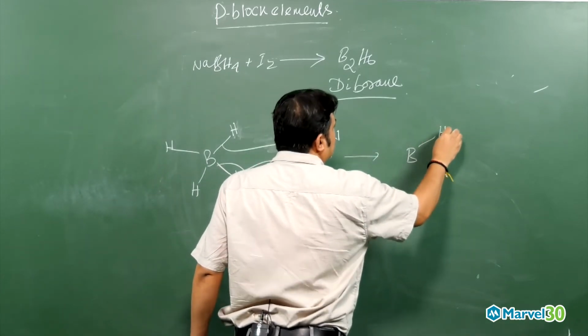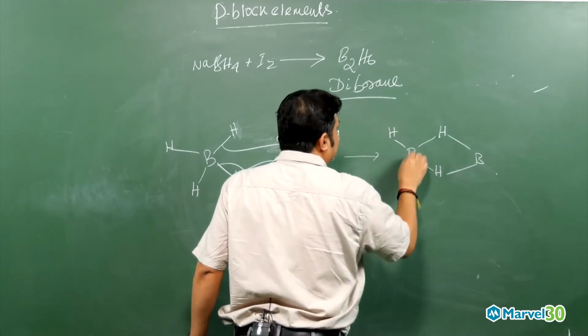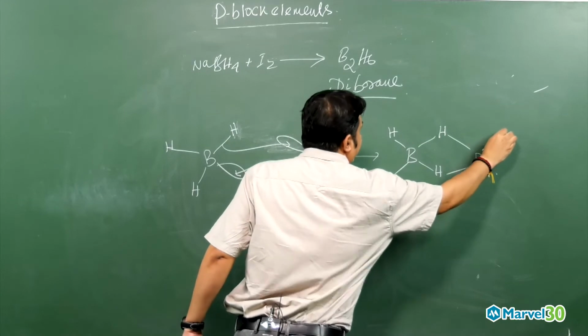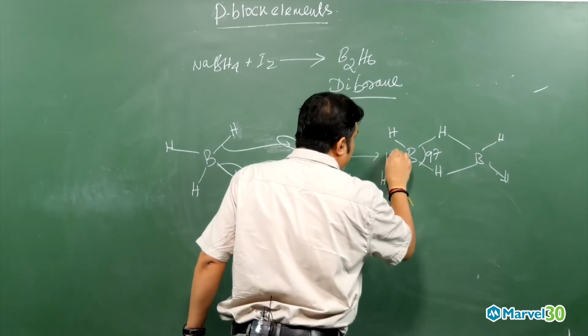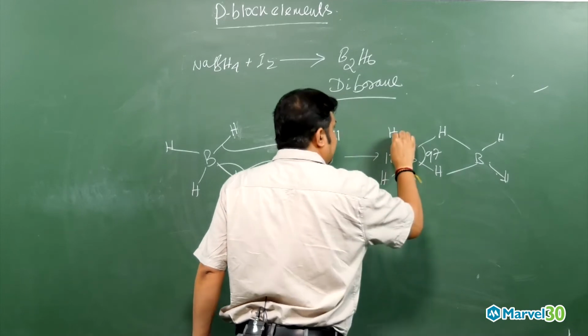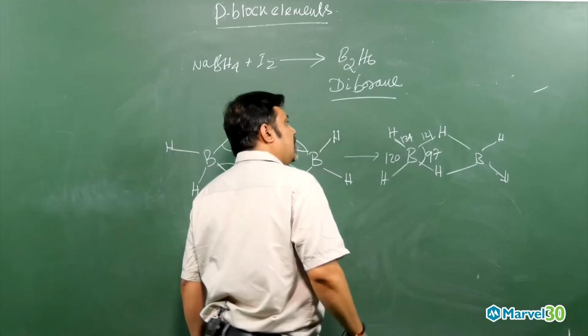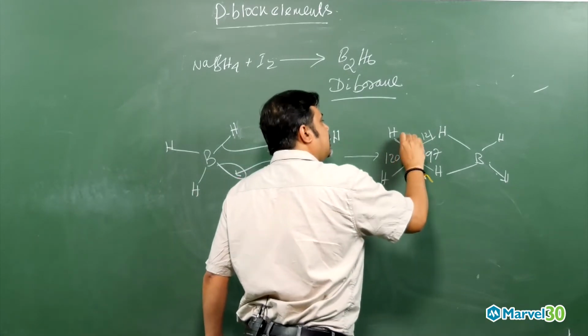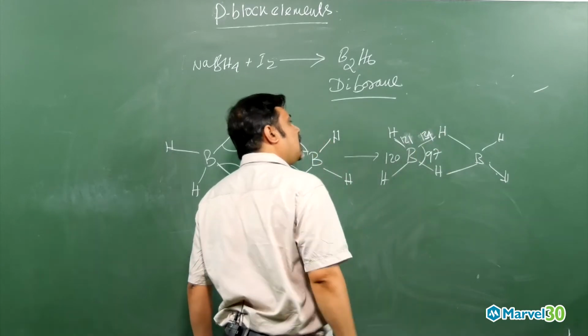The bond angle is around 97, the other 120, and the bond lengths are around 121 and 134 picometer.